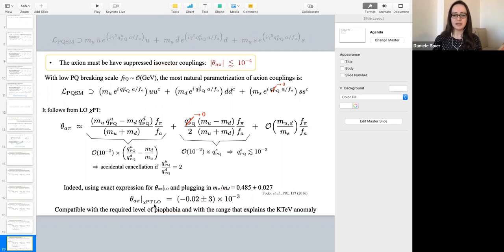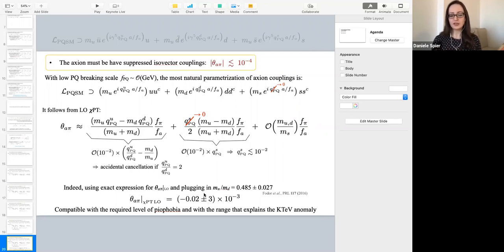then I get the prediction of chiral perturbation theory at leading order for axion-pion mixing for this particular model that has this specific ratio of up over down PQ charges. This mixing is this. If you look at the central value here, it's very small, but it's not significant because the error on this is enormous.